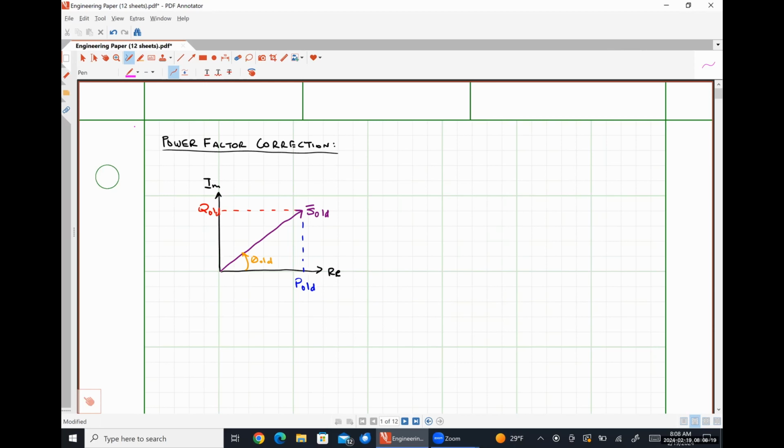I might see something like this. So here's S new, and we can see that our angle is indeed smaller, which means our power factor will have been corrected.